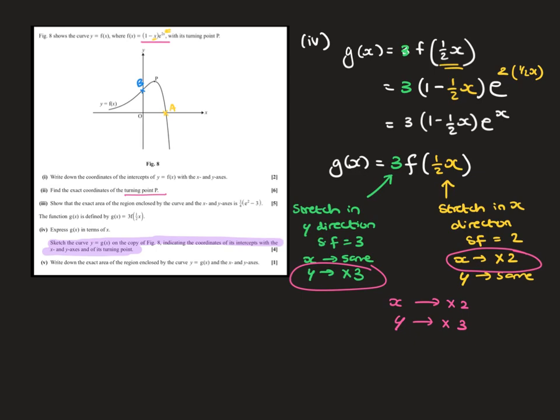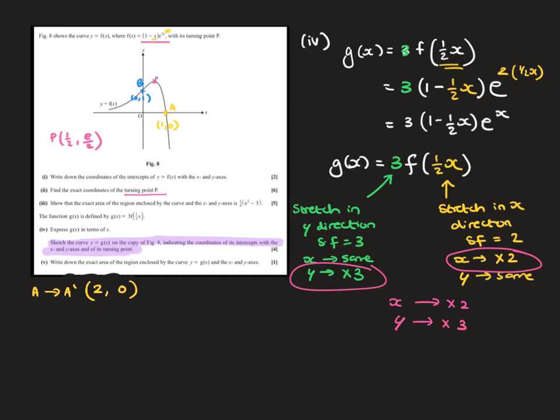So we have to remember that A has a coordinate of 1, 0, B has a coordinate of 0, 1, and P has a coordinate of a half, e over 2 for the y-coordinate. So let's transform each of the coordinates. So A maps to A dash. A's x-coordinate is 1, which becomes 2, and its y-coordinate is 0, which then stays as 0.